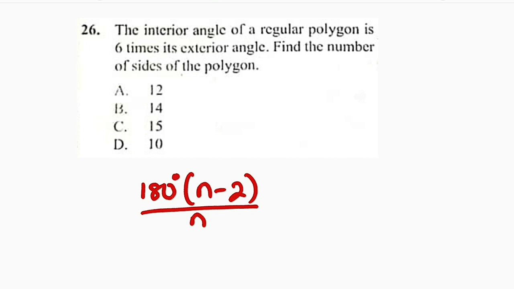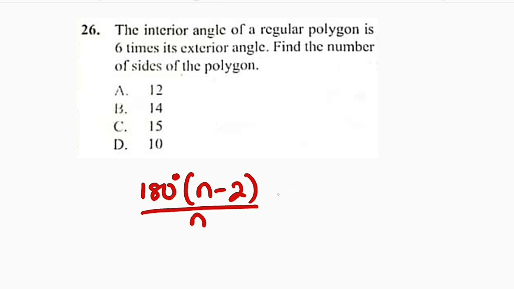But it's stated that this is 6 times the exterior angle. All right. The exterior angle of any polygon, if you add all of them together, I mean the sum of all the exterior angles will give you 360 degrees. But in case of a regular polygon which has all the angles equal, you can divide 360 by n to get the measure of every single exterior angle.